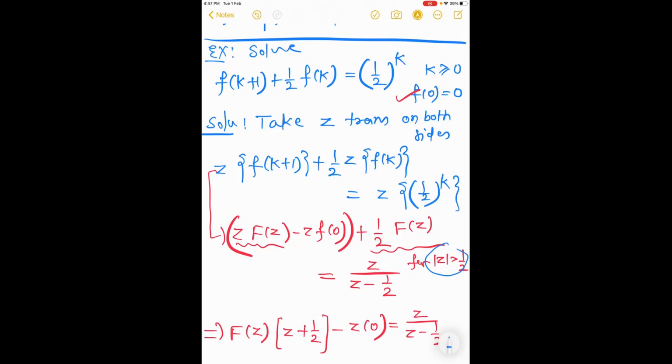So we'll take one more example here with the difference equation. Take this one.